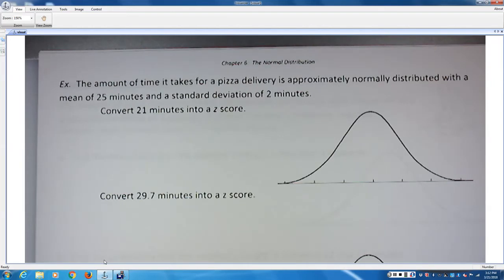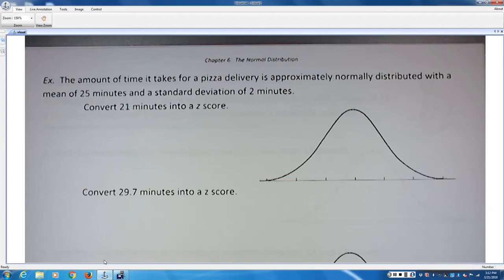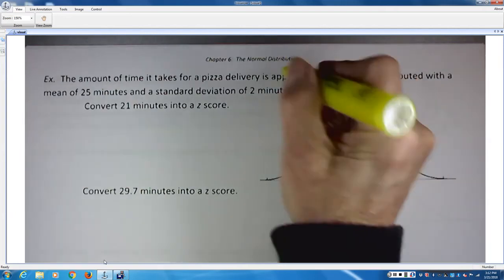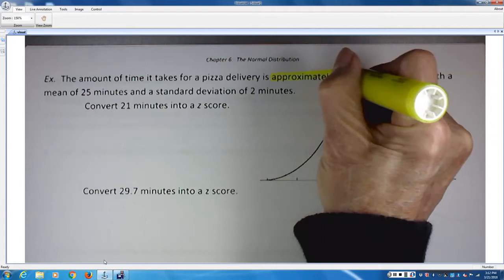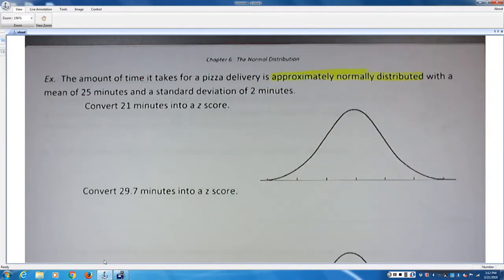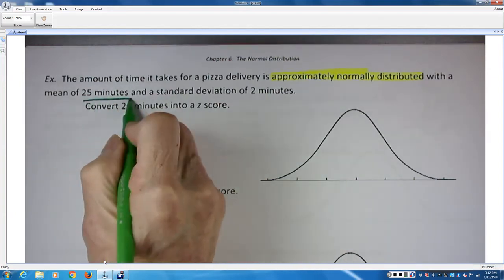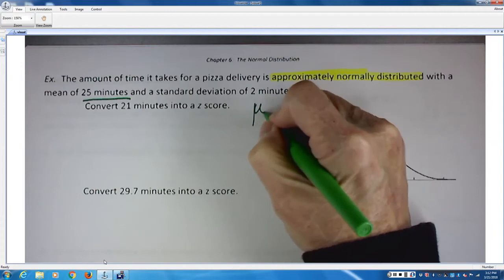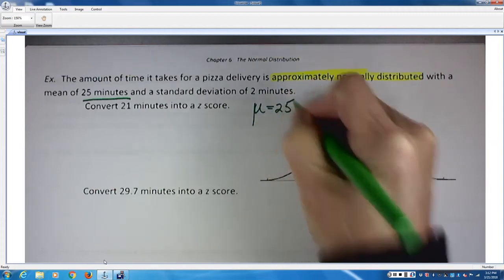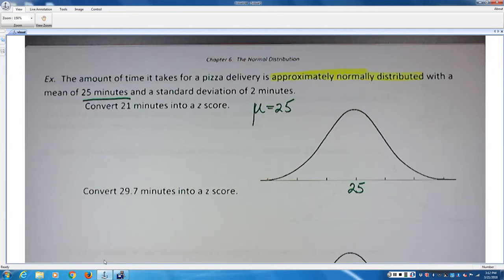The first example that we're going to do says that the time it takes for a pizza delivery is approximately normally distributed. You have to actually be told that your variable is normally distributed or not. And it has a mean of 25 minutes, which means the center of your curve is at 25 minutes.